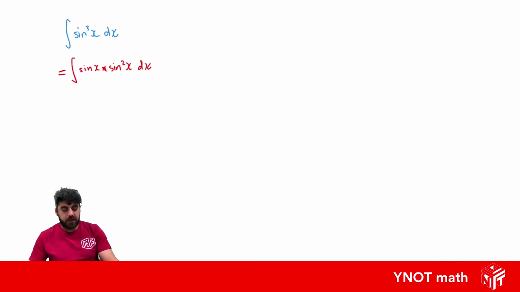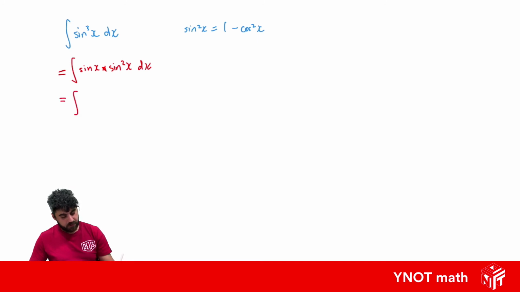And then we'll actually want to manipulate the sine squared x using just our normal trig identity of sine squared plus cos squared equals 1. So we should know that sine squared x equals 1 minus cos squared x. So we're going to go ahead and sub that in for sine squared.